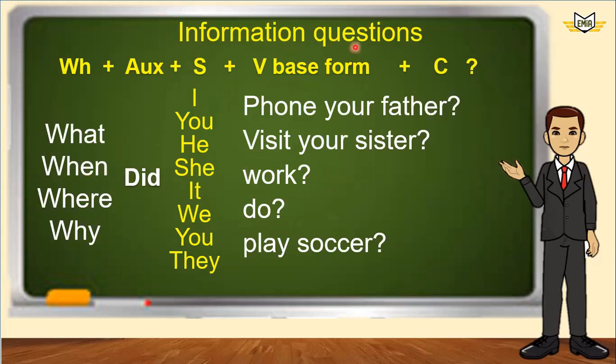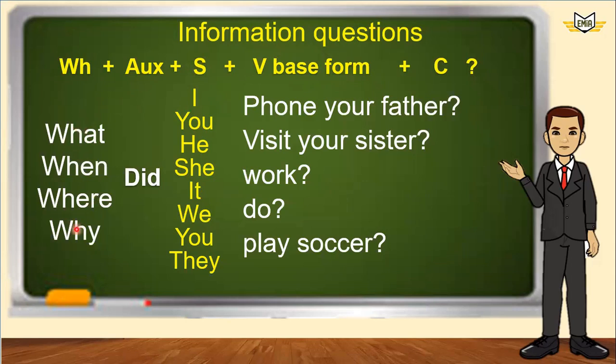Now let's talk about information questions. In information questions, we have first the WH word, the WH word plus the auxiliary did plus subject plus the base form of the verb plus the complement and the question mark. Here you need to know the meaning of the WH word to know what to ask for.